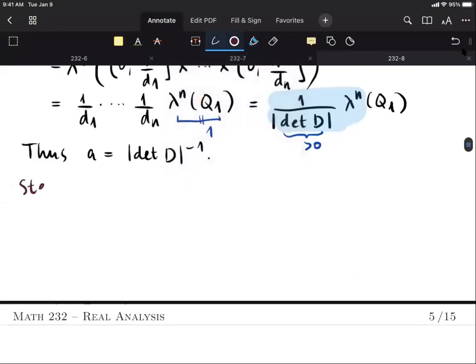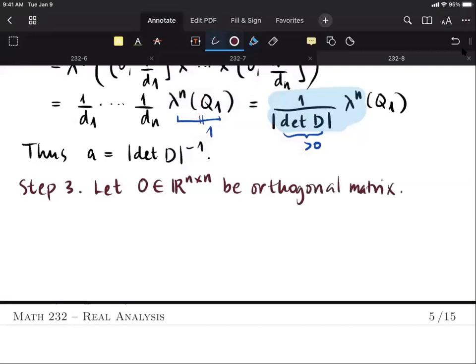The third step would be, what if M is an orthogonal matrix? So suppose that I have an orthogonal matrix O. That is, the transpose is equal to the inverse.